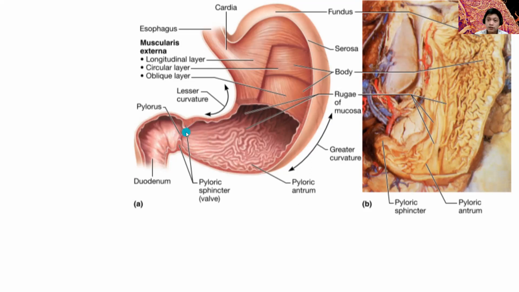So in between the body or the corpus of the stomach and the pylorus, you have here a receptacle, no, which is called the pyloric antrum. So here in the pyloric antrum, you will observe the churning of food. So the body of the stomach contracts, and then this peristaltic wave will continue towards the pylorus.